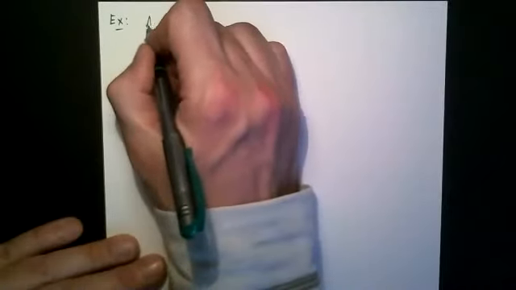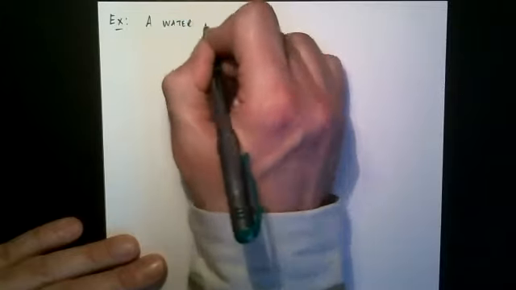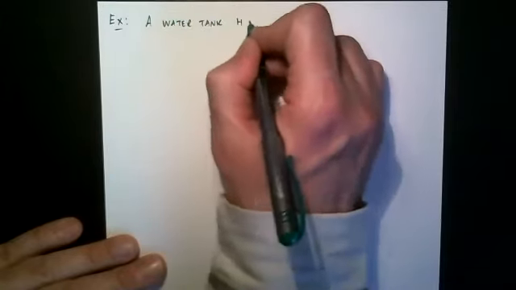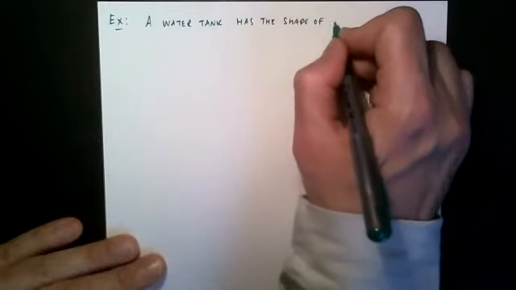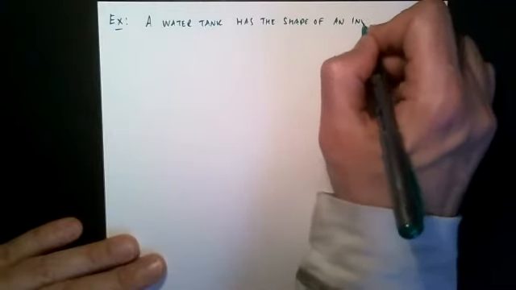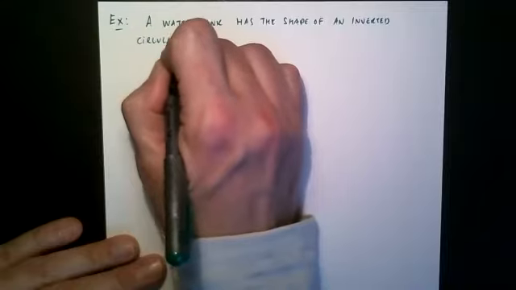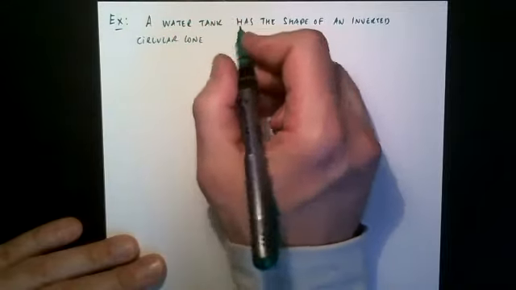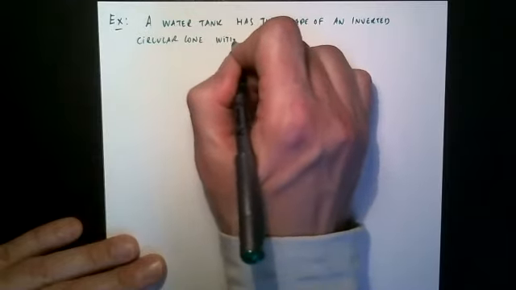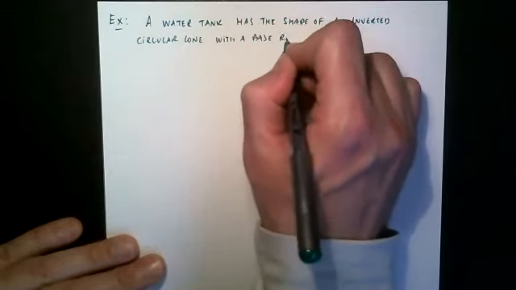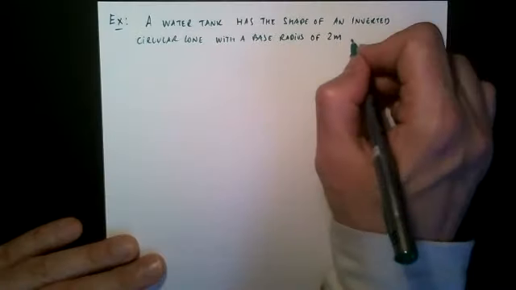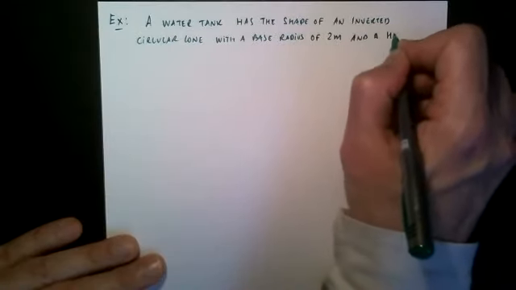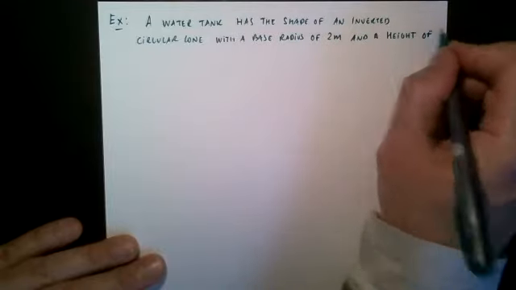Examples: a water tank has the shape of an inverted circular cone, with a base radius of 2 meters and a height of 4 meters.